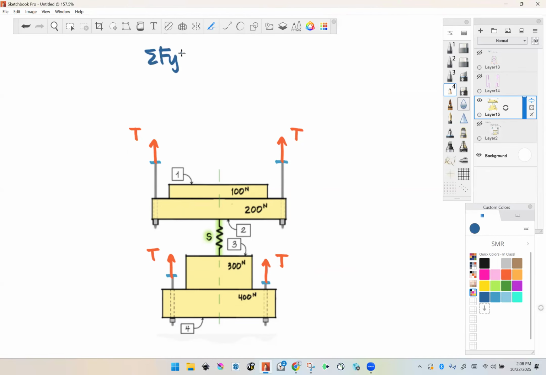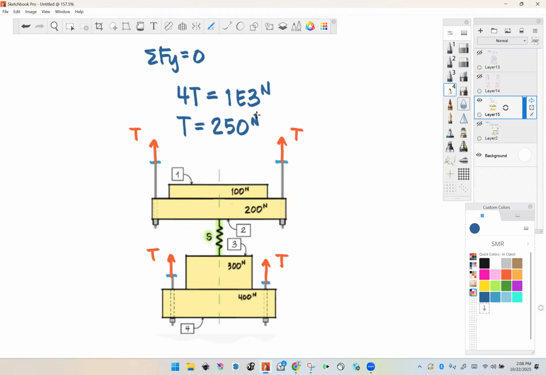Summation of forces in the y direction equals 0. Going up, I have 4T. Count them up, 1, 2, 3, 4. And all the weights going down sum up to 1,000 newtons. Then my tension force is going to be equal to 250.